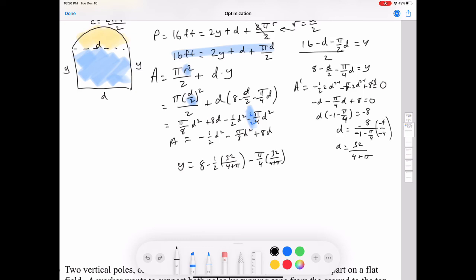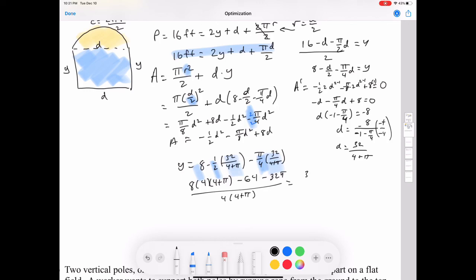Let's use a common denominator of 4, right? We need a 4 there, and a 4 plus pi, 4 plus pi. So everyone gets to be 4 plus pi. So this guy needs an 8, 4 plus pi. Our second value needs a 2, so it's 64. Our last one, we are good, so it's just 32 pi. All over 4 and 4 plus pi.